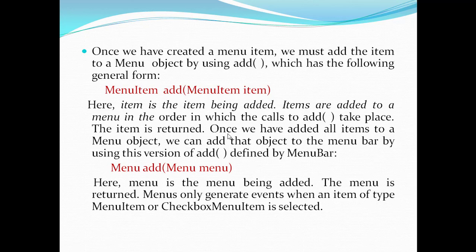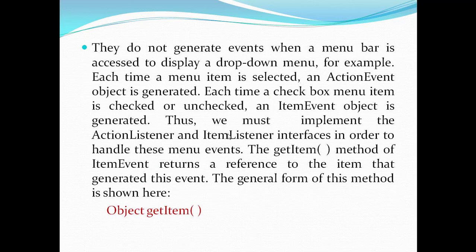Menus only generate events when an item of type MenuItem or CheckboxMenuItem is selected. They do not generate events when a menu bar is accessed to display a drop-down menu.